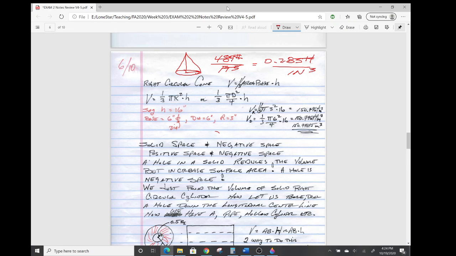So we're going to take 0.283 pounds per cubic inch times our volume of 150.79644 cubic inches. Cubic inches will drop out, leaving us with pounds.